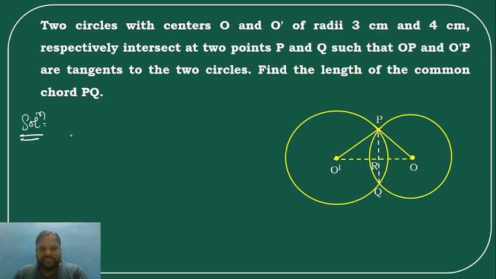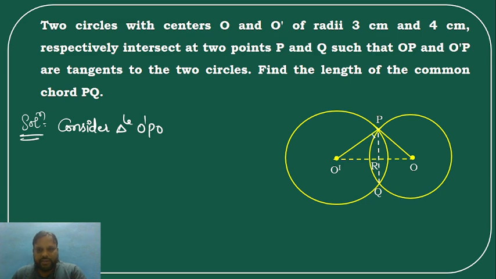So let us consider the triangle O dash PO. O dash P is the radius of the bigger circle, which is a tangent to the smaller circle. And OP is the radius of the smaller circle, which becomes a tangent to the bigger circle.